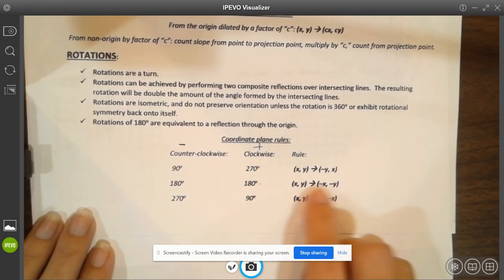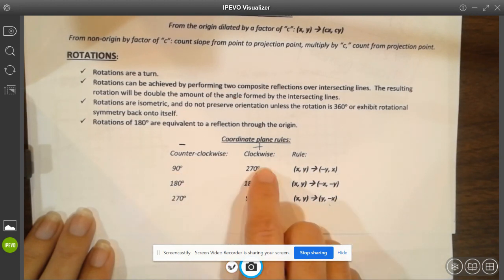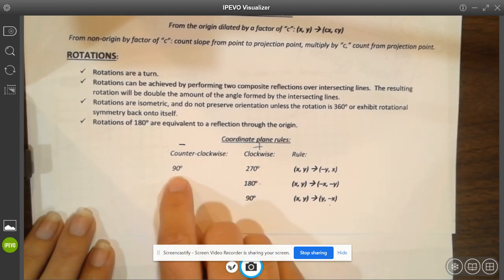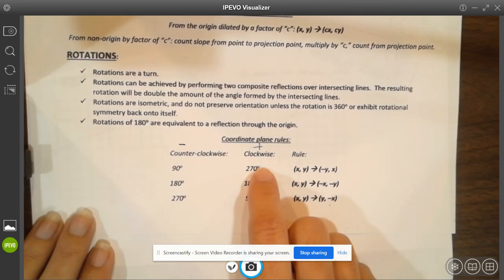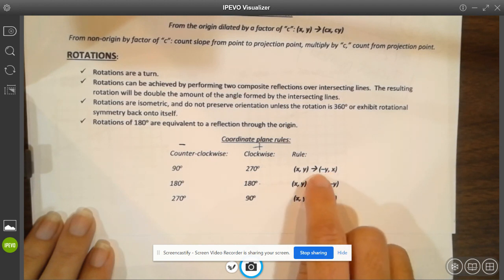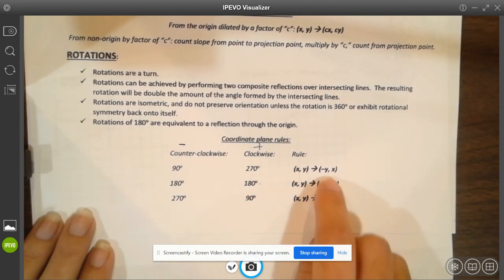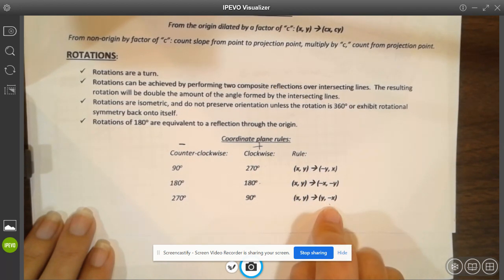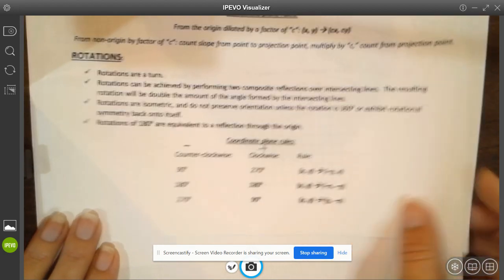Notice that you switch the signs basically. A 90 and a 270. So a 90 counterclockwise and a 270 clockwise is the same rule. And notice that x and y is flipped here, and then y has a negative. When it has negatives here, it means that it's multiplied by -1. So we're going to see this in some examples.